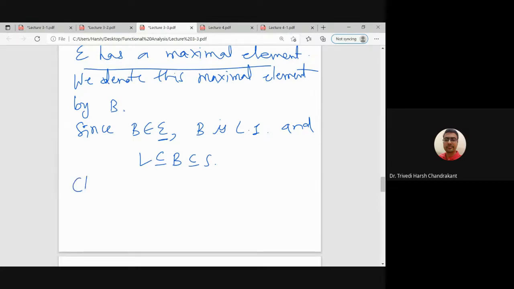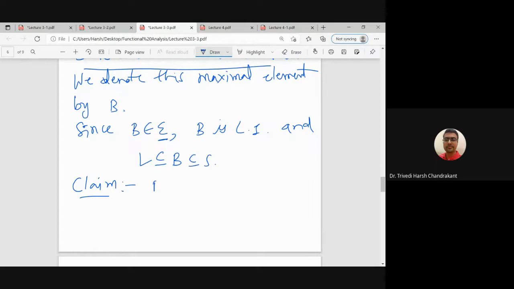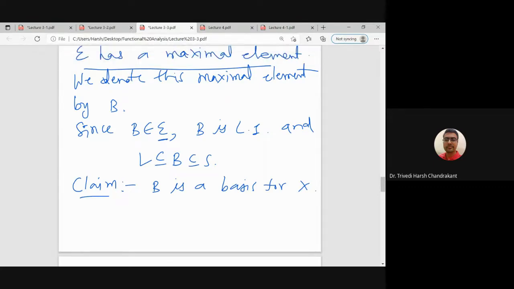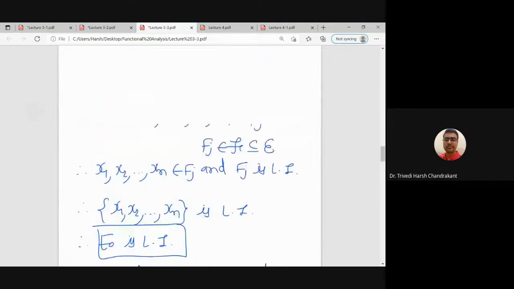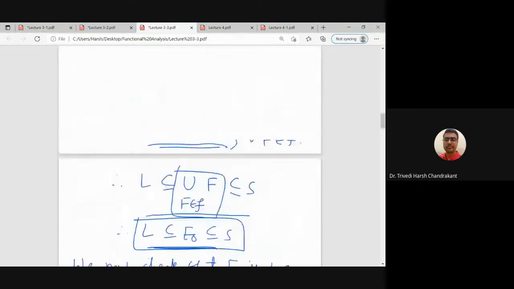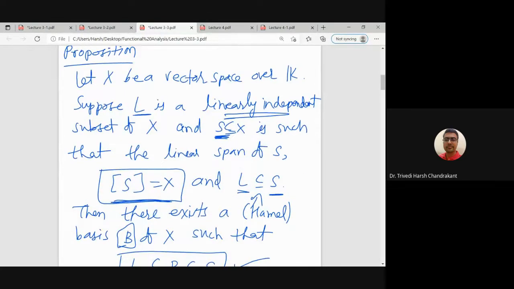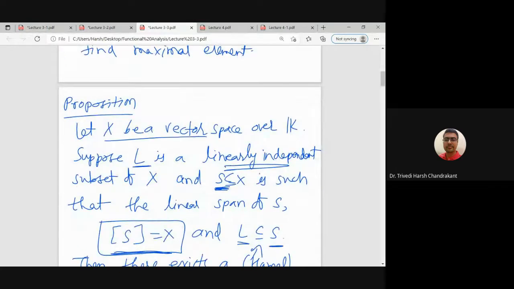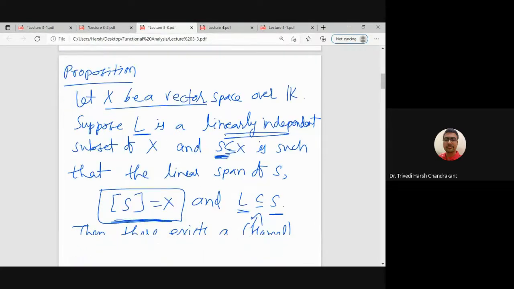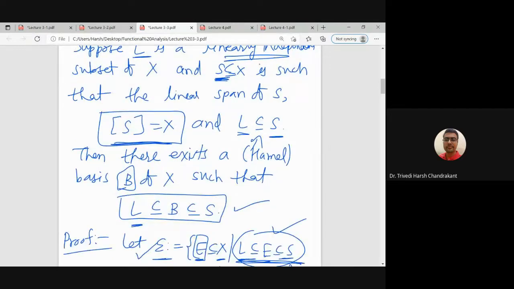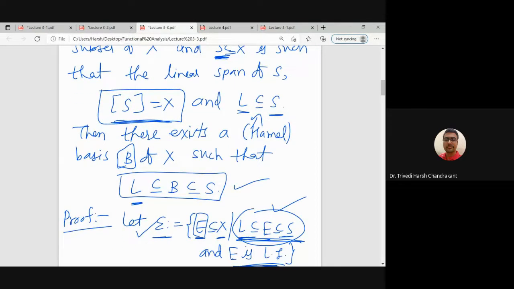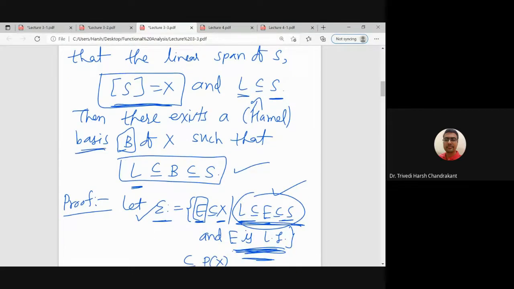Now our claim is that this maximal element B is a basis for the given linearly independent set X, right? What is X? X is the vector space from which we started. So we are searching for the basis B. Basis means there are two properties.